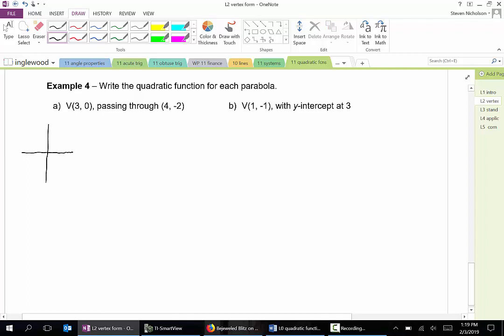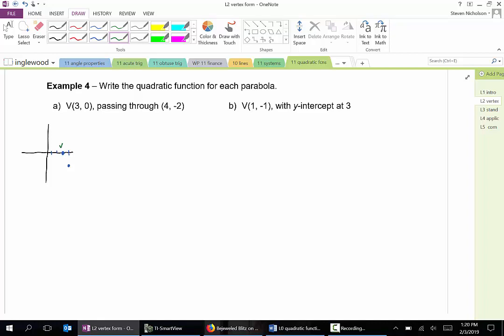So I'm going to make a quick little sketch, and in this parabola, 1, 2, 3, 0 is the vertex, and this parabola goes through 4, -2. So if you looked at this one right here, if this is my vertex right here, and I have a point below, then it has to be opening down. So again, that vertex has to be the top.